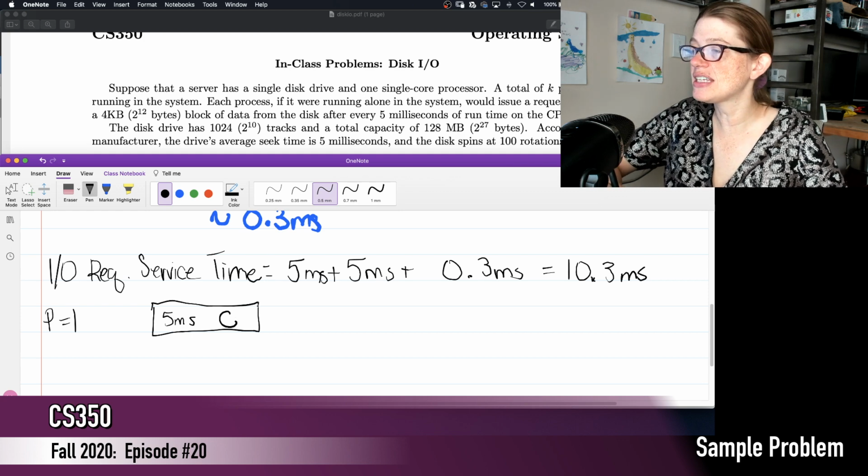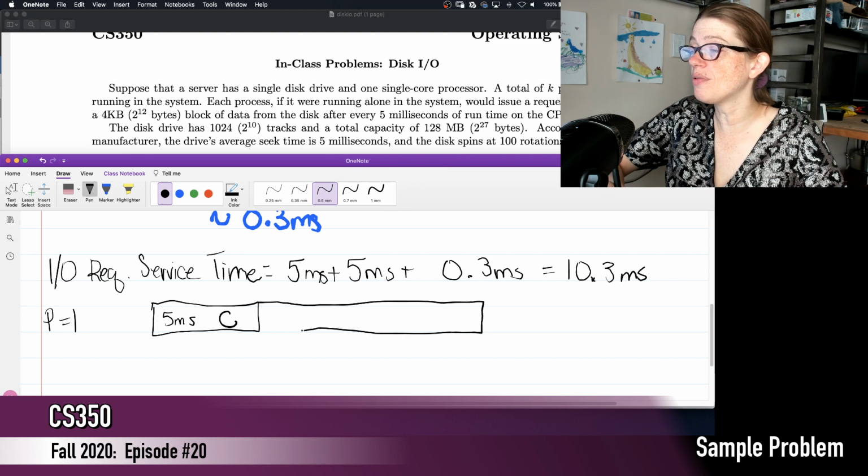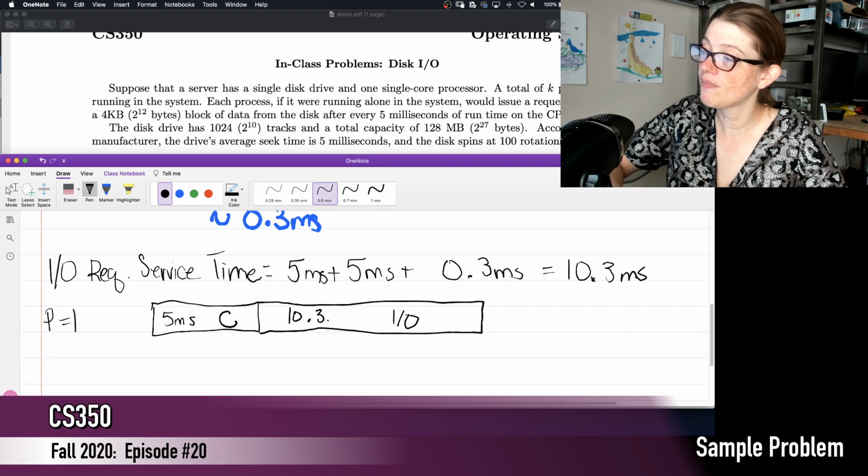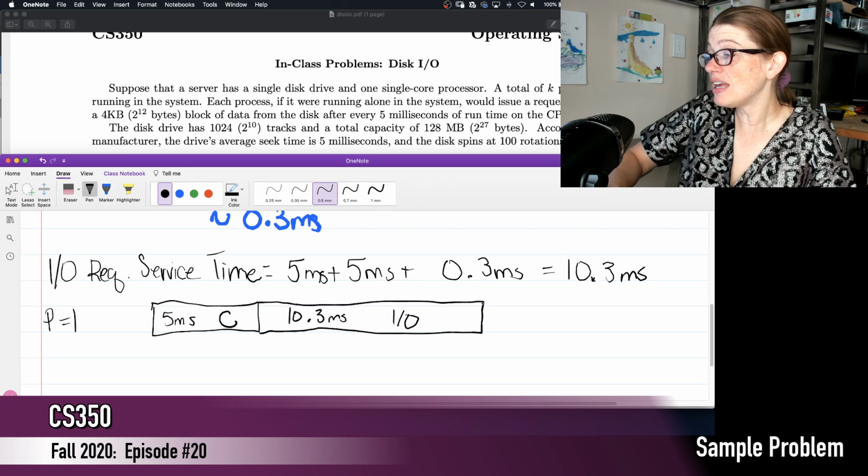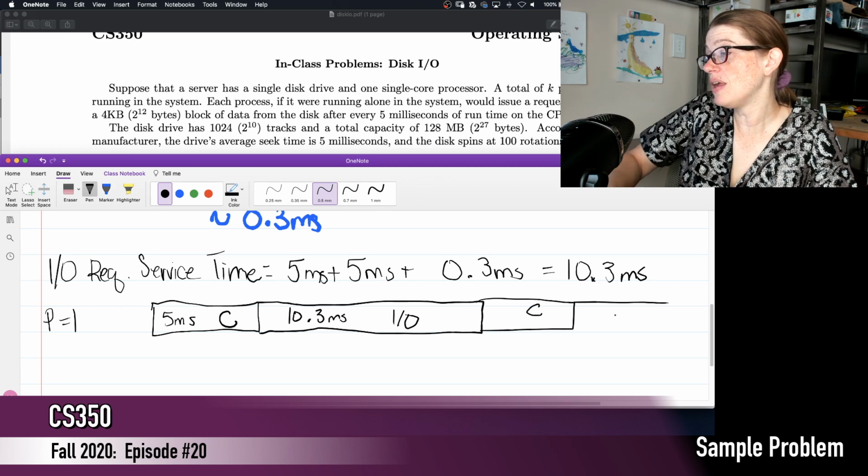After doing its 5 milliseconds of compute, it does its IO operation, which is going to cause it to block, of course. And we know that that is 10.3 milliseconds. And then it repeats. So this is compute, and then IO, dot, dot, dot.